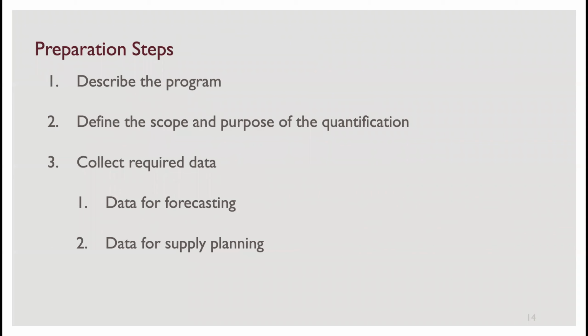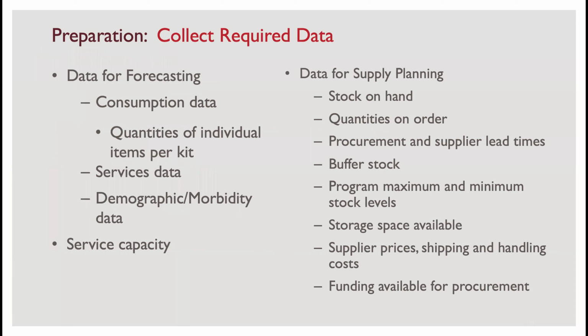During the first webinar, we presented and discussed these steps that make up the first phase, the preparation steps of the quantification: describing the program, looking at the scope and purpose of the quantification, and collecting the required data. We talked about the data that we need for forecasting and for supply planning.